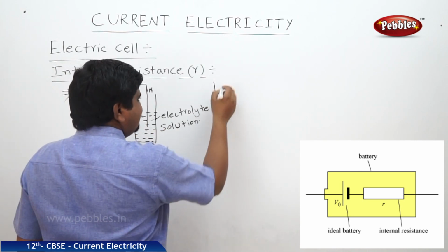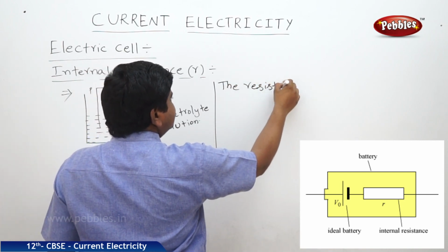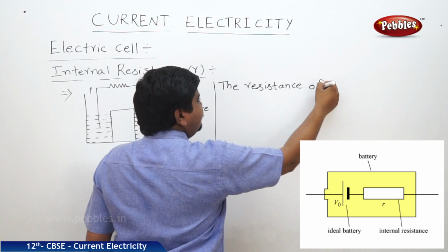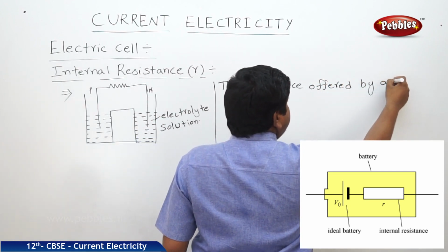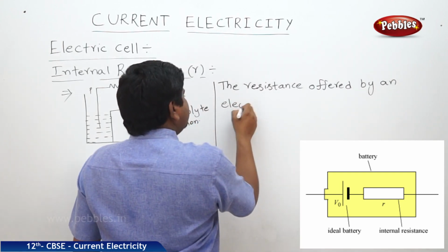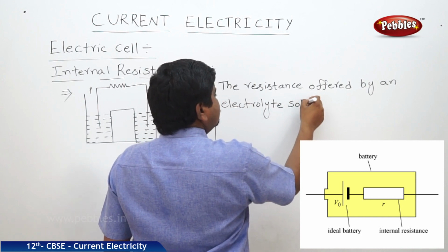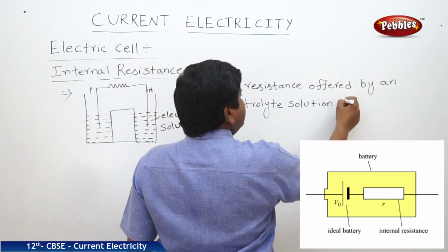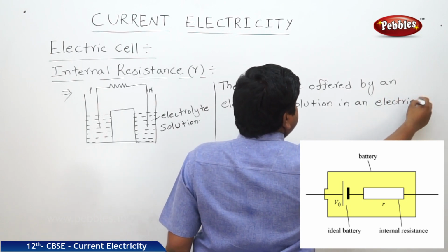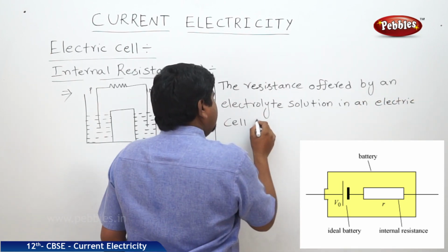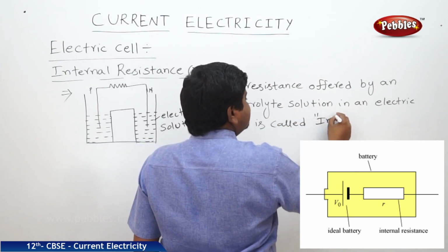So what is internal resistance? The resistance offered by an electrolyte solution in an electrolytic cell is called internal resistance.